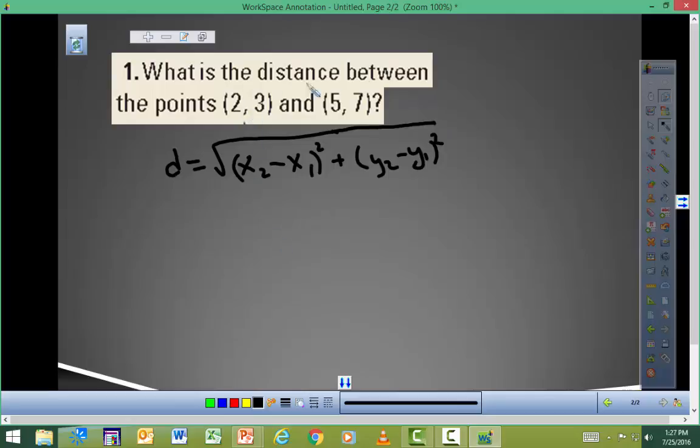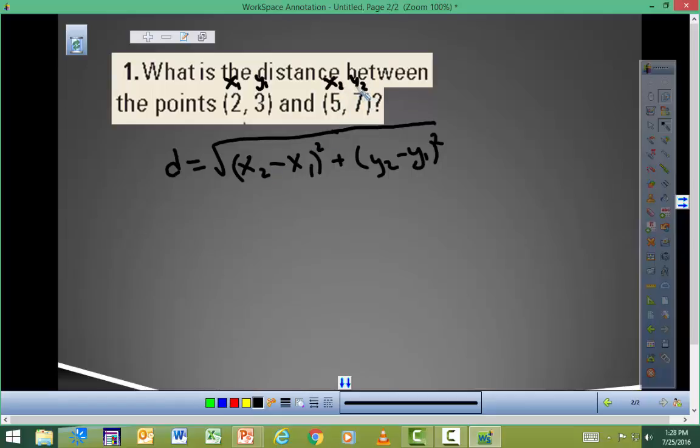Okay, so now what you need to do is put these numbers in here and do the arithmetic. So this is what we could call x1 and y1, and this could be x2 and y2.